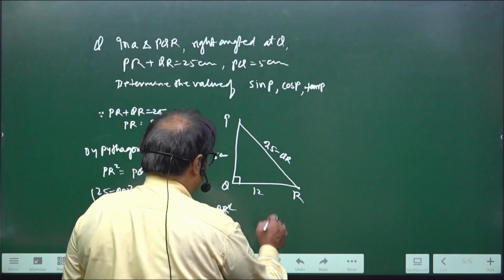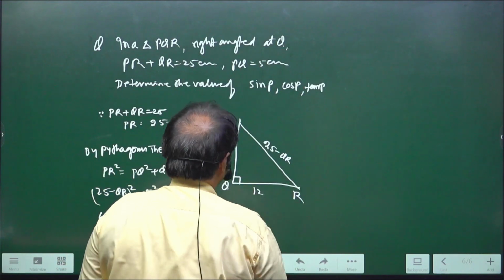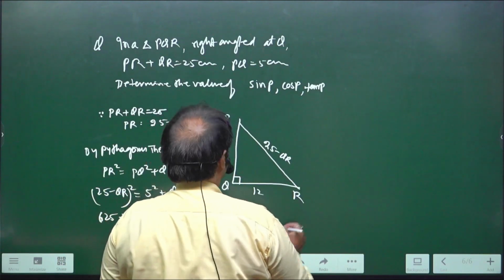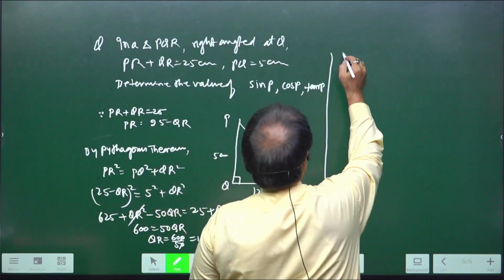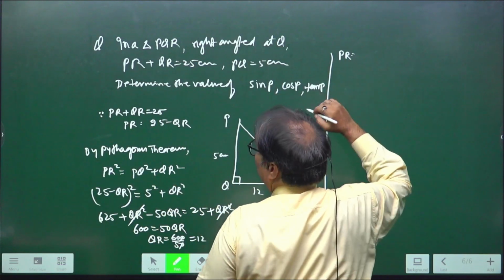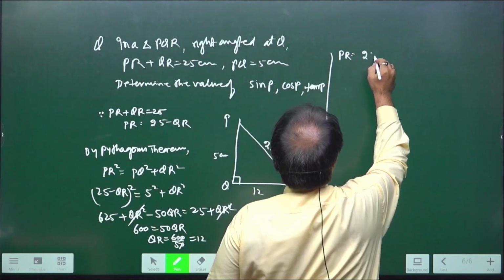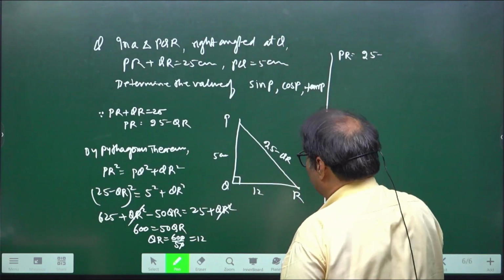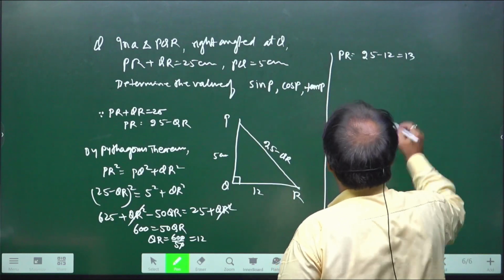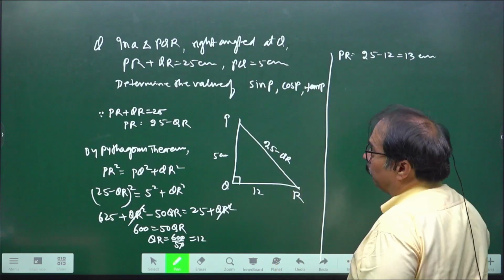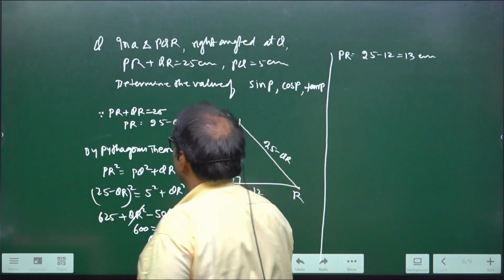So this side is 12. Now find PR. PR is equal to 25 minus QR, and QR we have calculated 12. So this is equal to 13 centimeter. Got it?